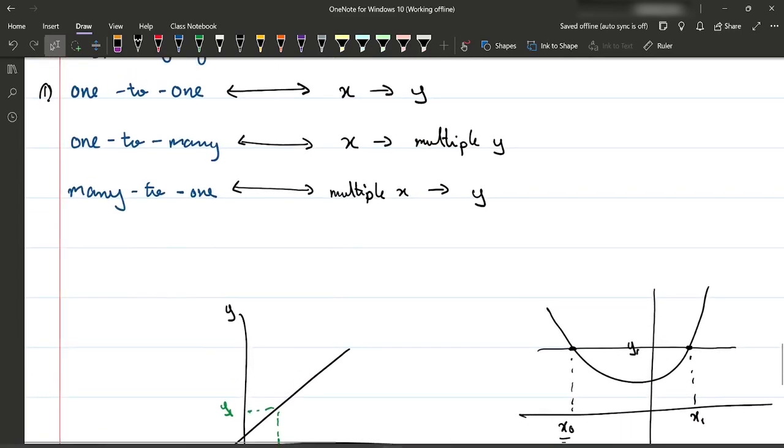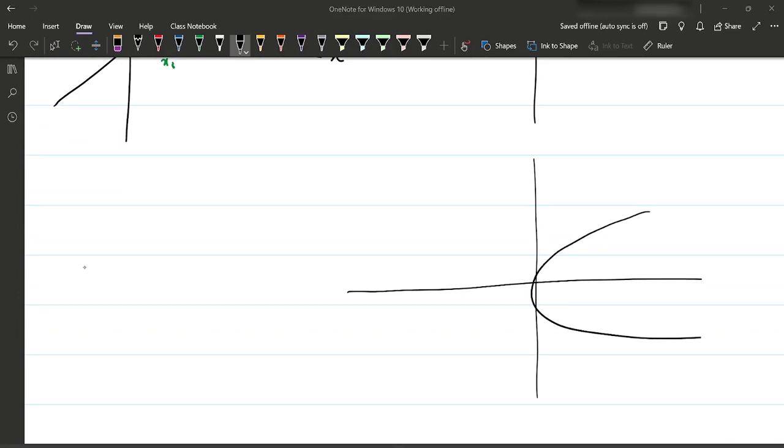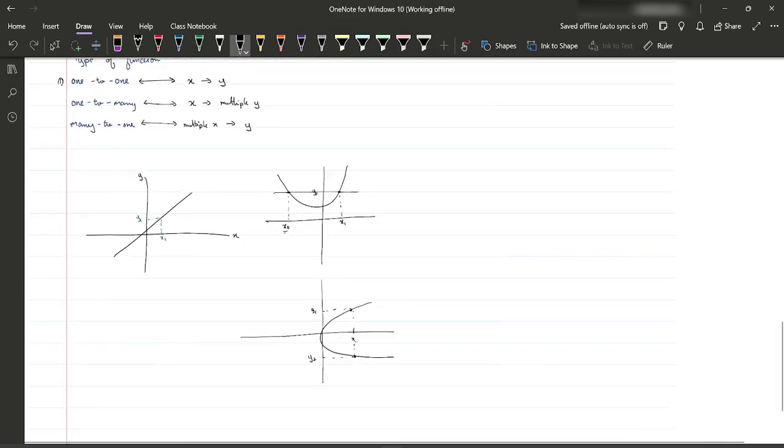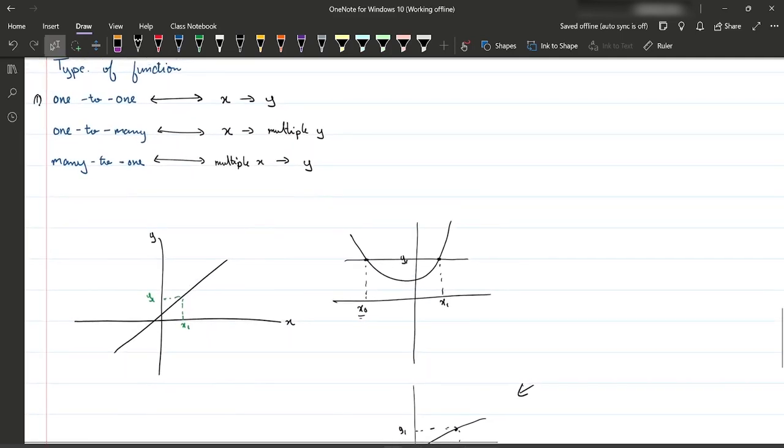The last one is 1 to many, which is something like this. When you have one x value giving you multiple y values, that's y1, y2. So that's what it is. These usually don't have an inverse. Okay, so let me just number them.